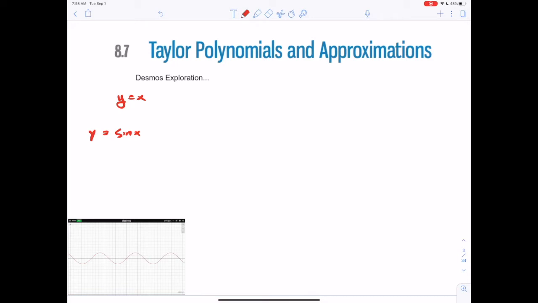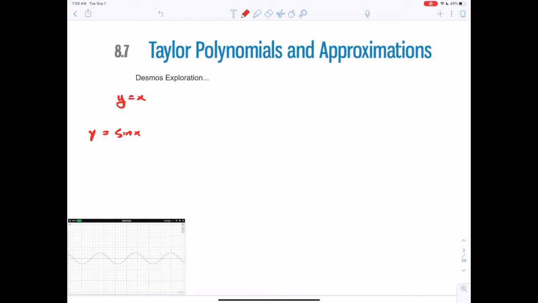Okay, so here's the thing. We're trying to create a polynomial lookalike function for non-polynomial functions. So in this case, we're going to try to come up with a brand new function that will mimic the sine function. So in essence, you're coming up with a doppelganger, a twin that'll make it look like the sine function.